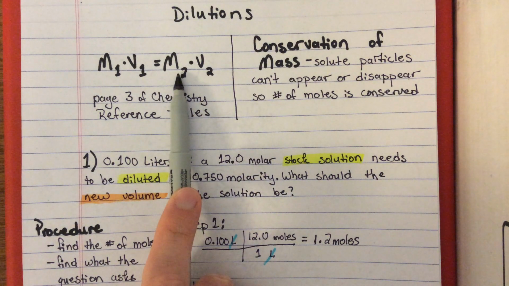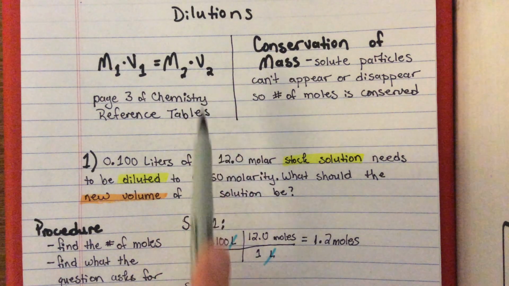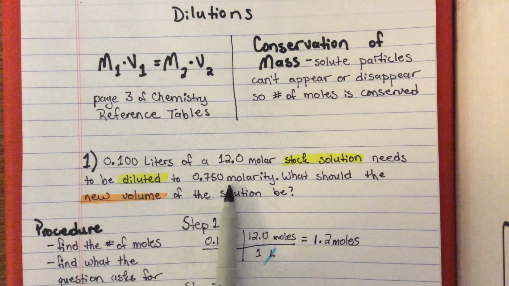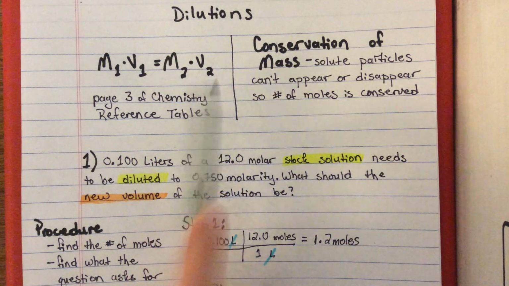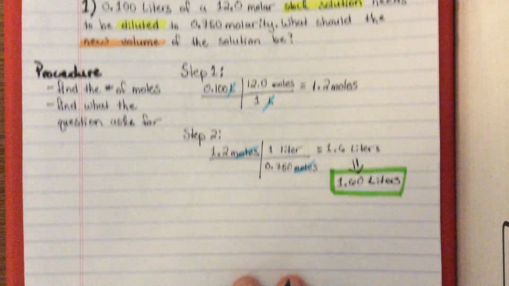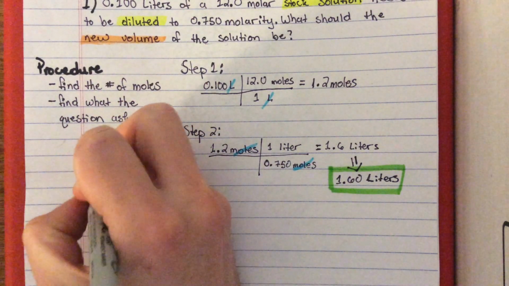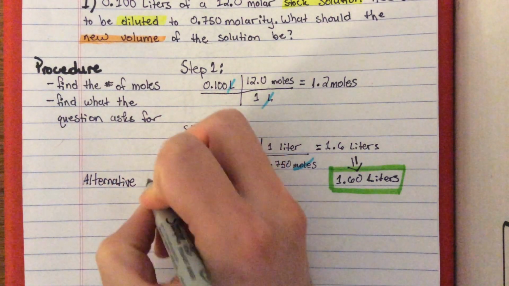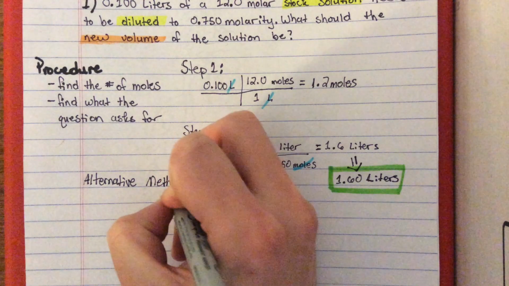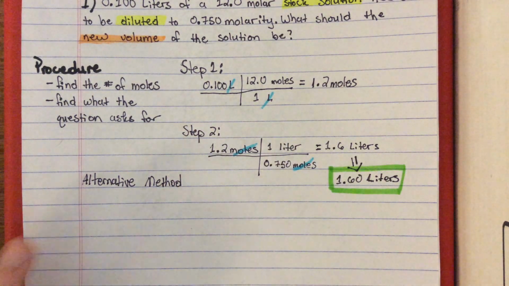We can identify the concentration of the dilute solution the next moment in time as 0.750 molar, and the new volume as being our unknown. So the other way to solve this problem is to do a little bit of algebra.